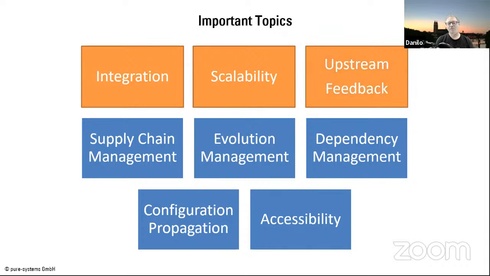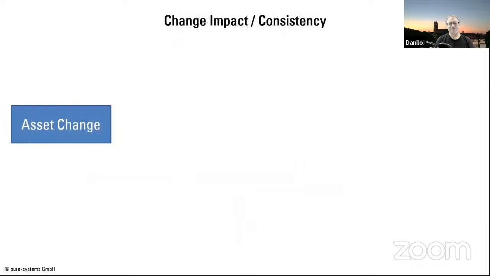Collecting feedback from the instances is an important thing, meaning that once your product is shipped to the user, like the individual car, how do we know how it behaves in the field and how we react to this data? That is one topic we'll be talking about, and then supply chain management, building blocks, supply chains in product line engineering, and the other topics. Very interesting one, very challenging one. Maybe we will do a part 3 where we talk about these in more detail, and we have to skip them for today.